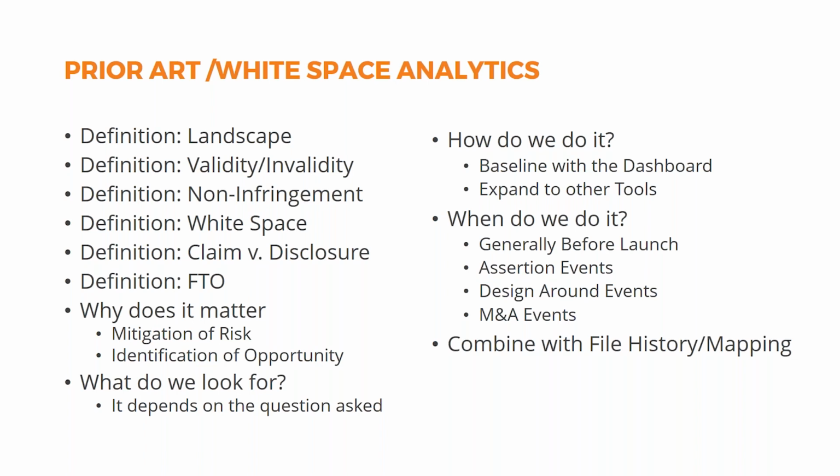FTO, freedom to operate. Freedom to operate is an ongoing, continuous study of the patents emerging in an area related to a certain area of endeavor, whether it's a product, a line of products, or a set of services. So to do an FTO properly, a simple search does not generally free you up.